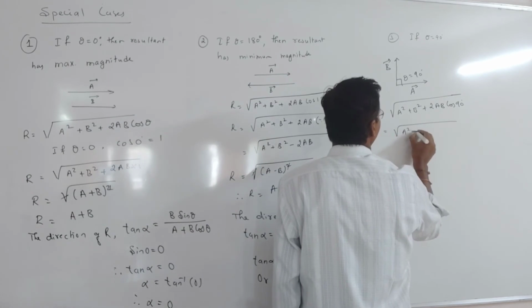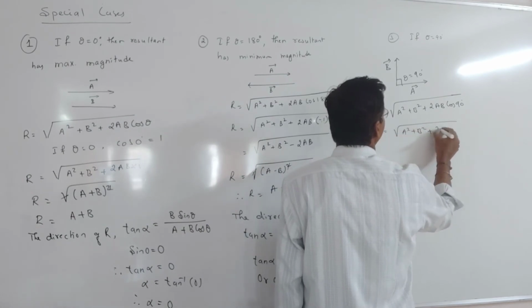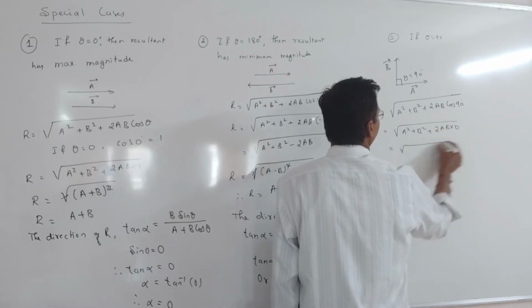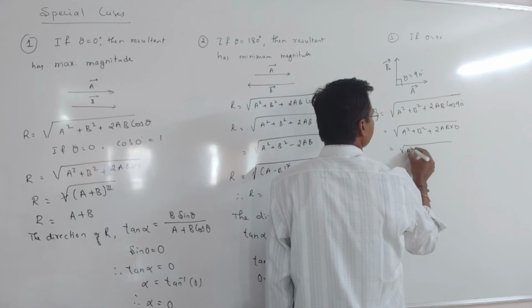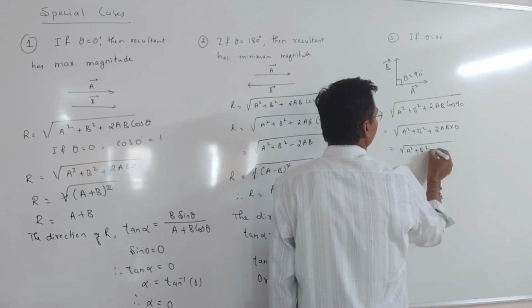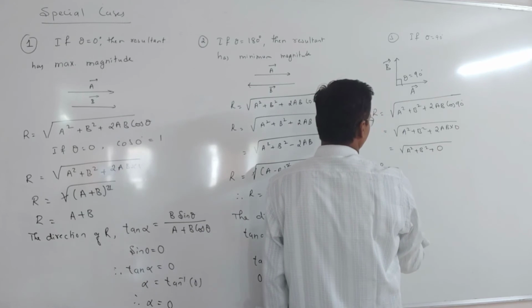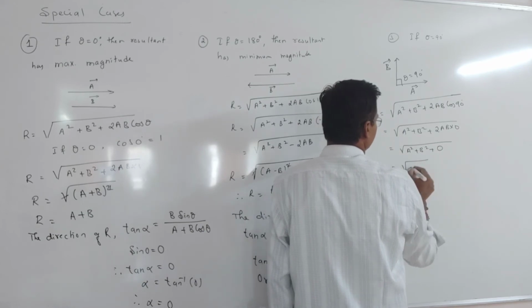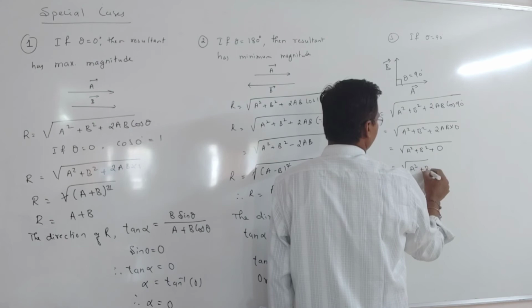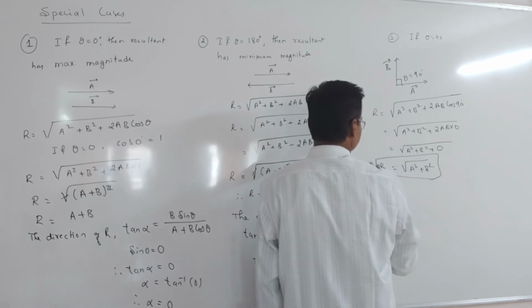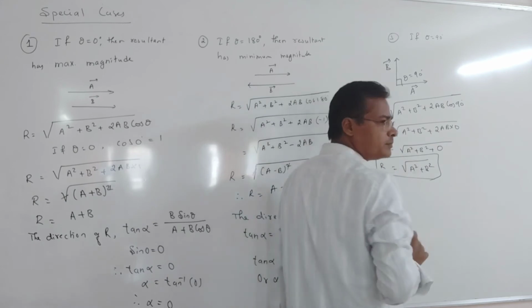So a square plus b square plus 2ab into 0, and anything multiplied with 0 is 0. Therefore R, the resultant we are getting now, equals square root of a square plus b square. This is the resultant we are getting.